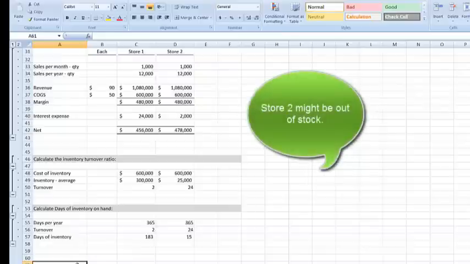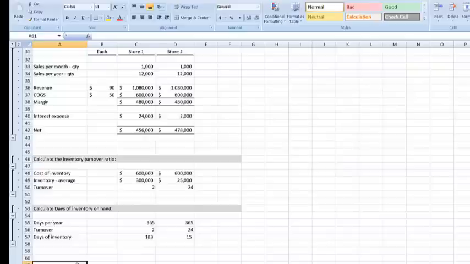Shoppers might come into store 2 and ask to see a particular pair of shoes, and store 2 might be out of stock. So store 1 is in a better situation with regard to out of stock situations, having a lower probability of ever being out of stock on a particular shoe.